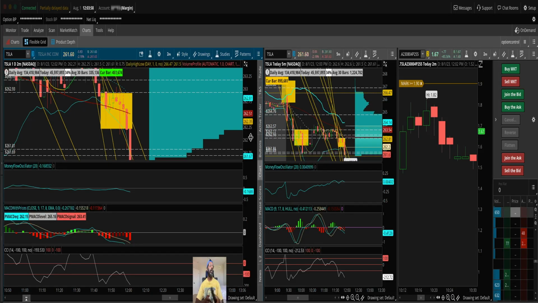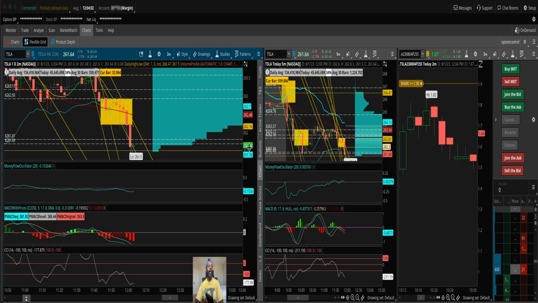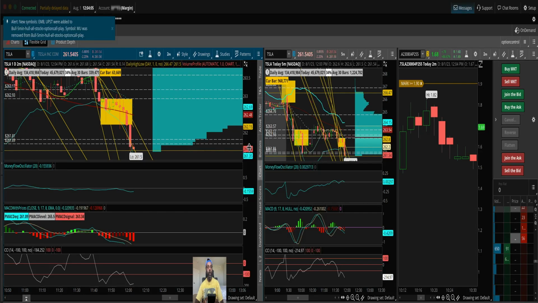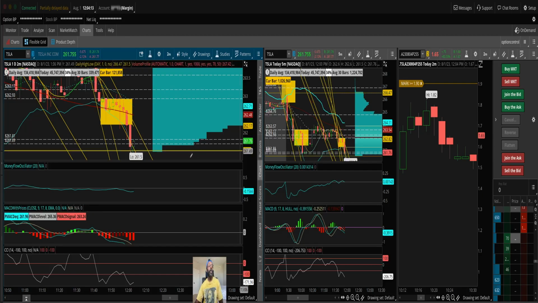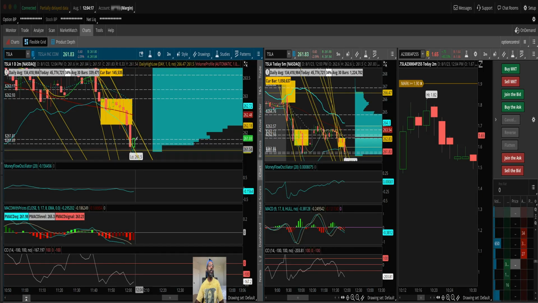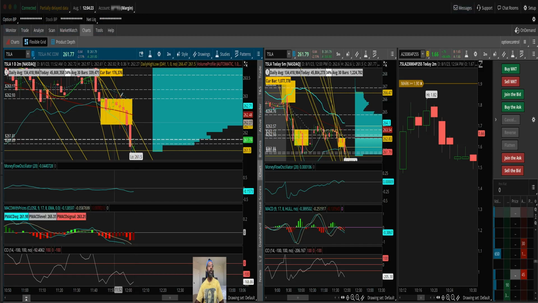There you go. Look at that movement. That was insane for the nice low. Now I'm going to sit in this trade. That's 12,400. Look at it immediately rip off that low right there, 261.50, and now it's going to bounce. So if it goes past 261.81, I'm going to be out of this trade.